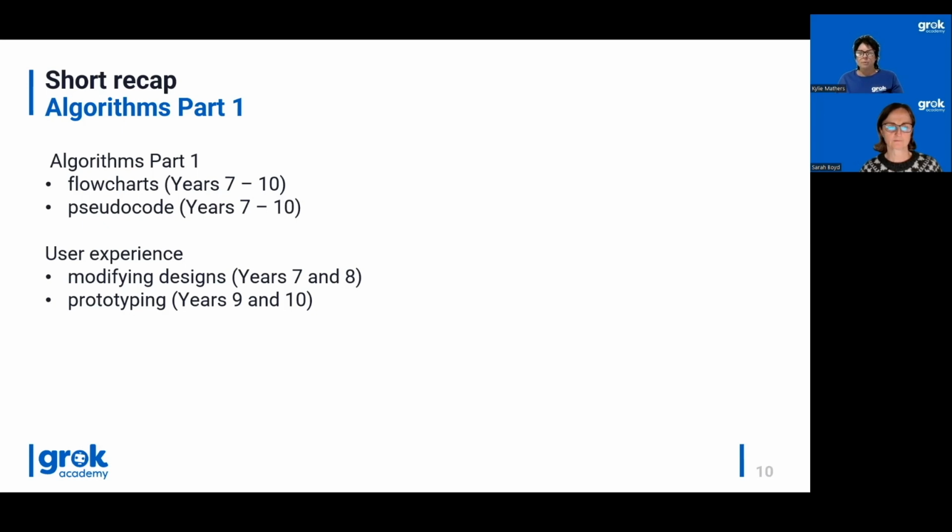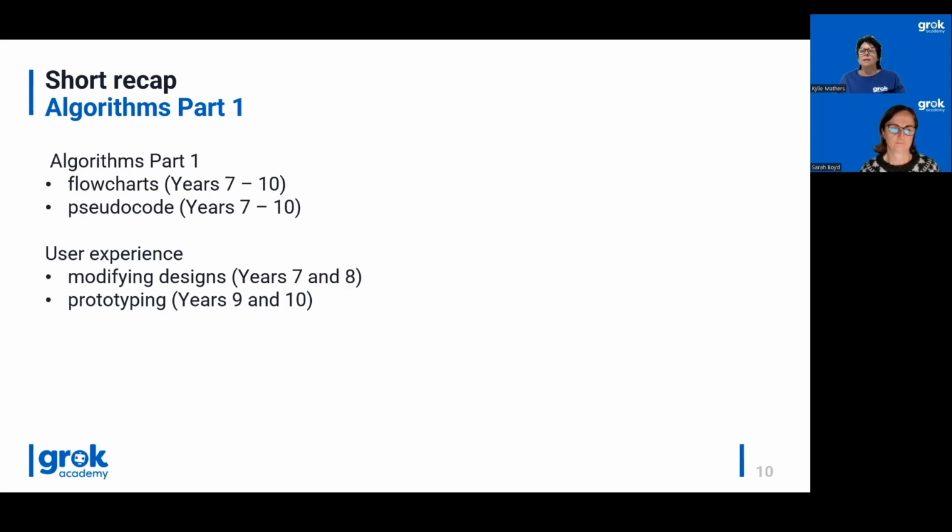So a short recap of Part 1 algorithms. We looked at the differences between version 8.4 of the curriculum and version 9. One of the main differences was the introduction of the terminology of flowcharts and pseudocode to be used by students in years 7 to 10.